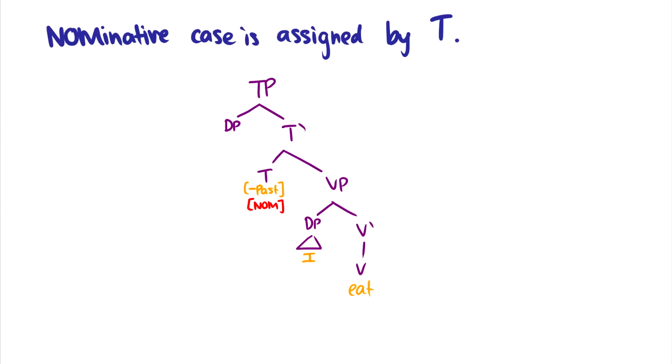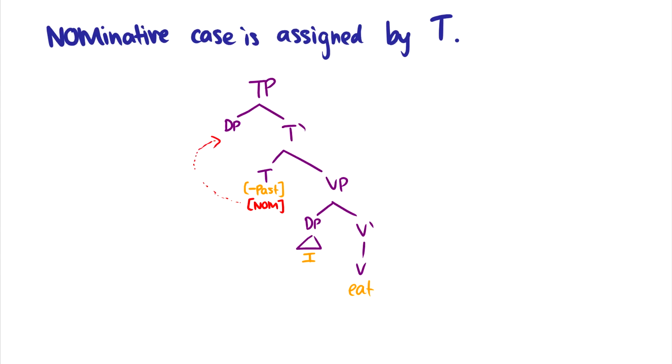So let's motivate movement a little bit more. Let's motivate it with case. Here we have that nominative case is assigned by T. So what do I mean here? Well, T has nominative case, and it wants to give case to whatever is in the specifier of TP.